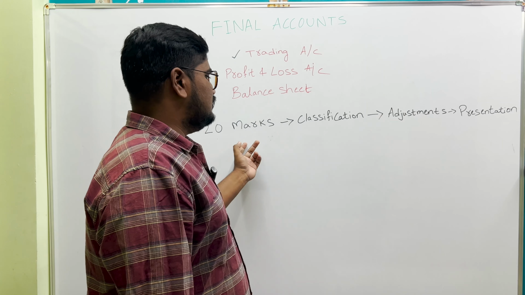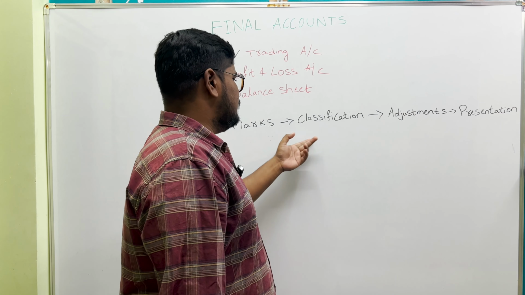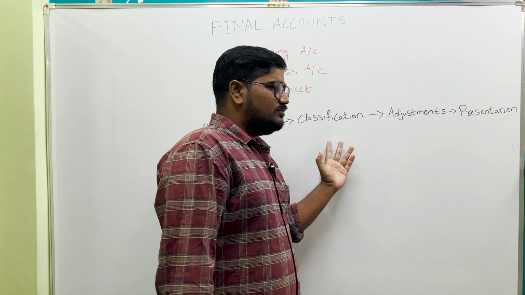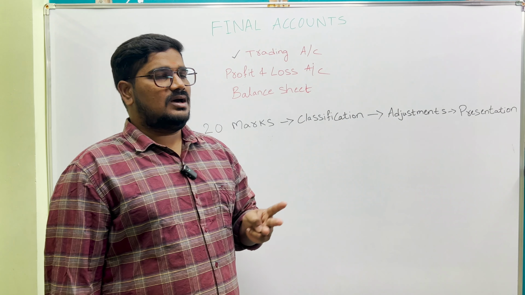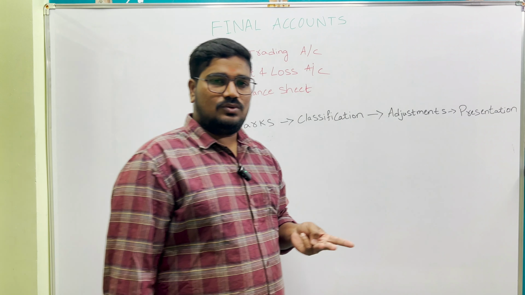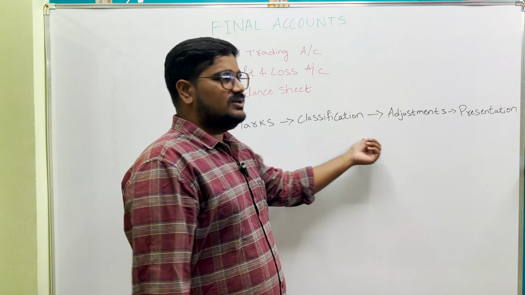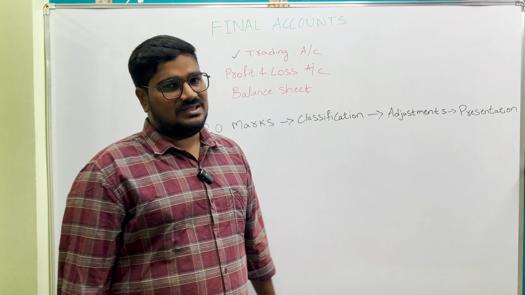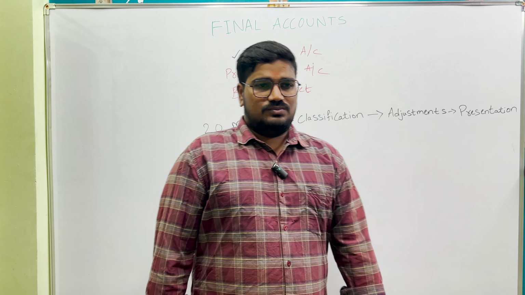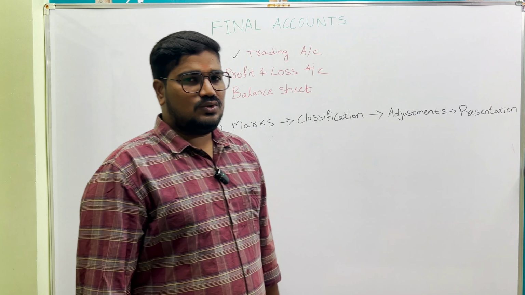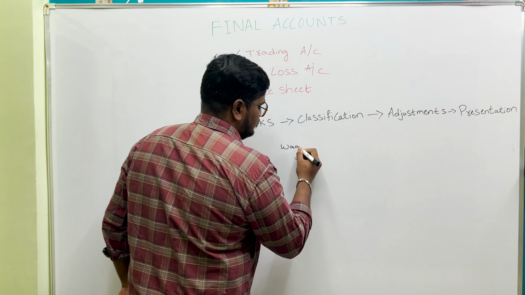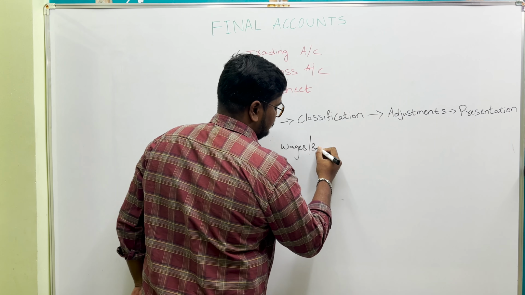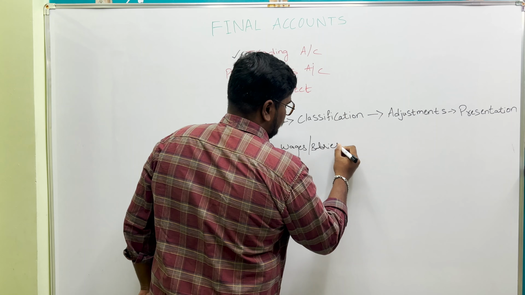As you know, this carries 20 marks, and the three things that play a key role in this sum are, first, classification, how you are classifying the expenses. Suppose there are two terms, wages and salaries.